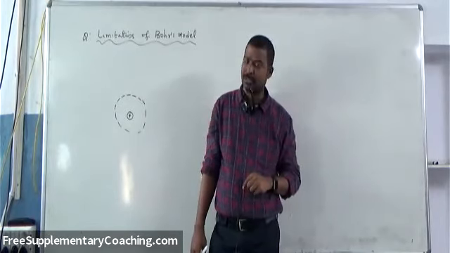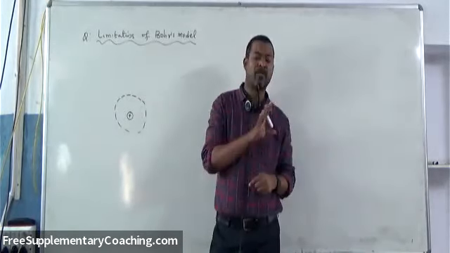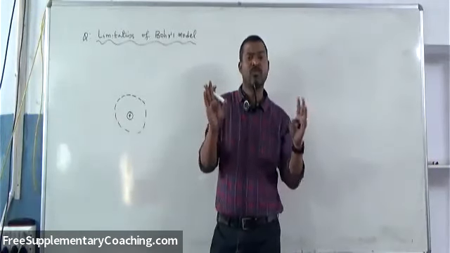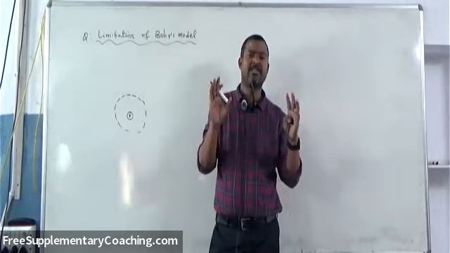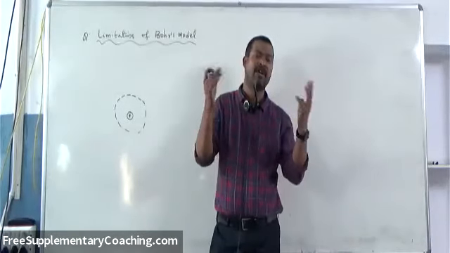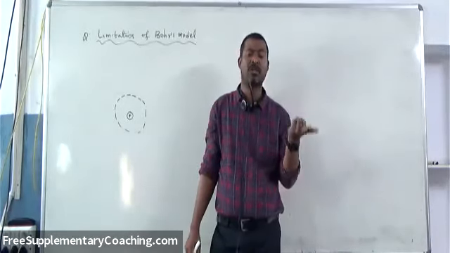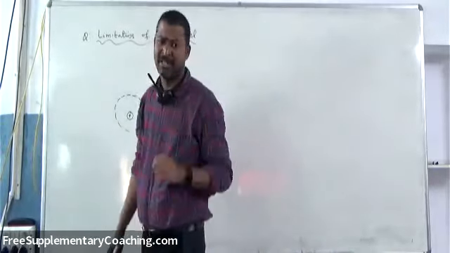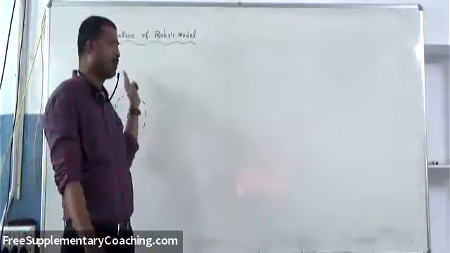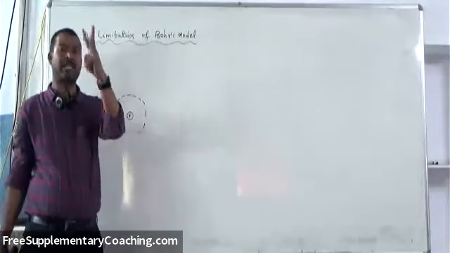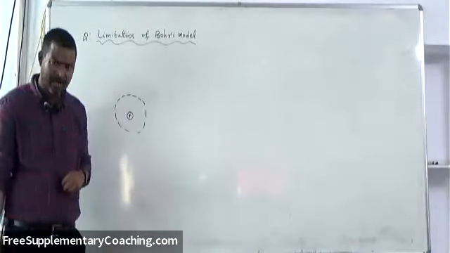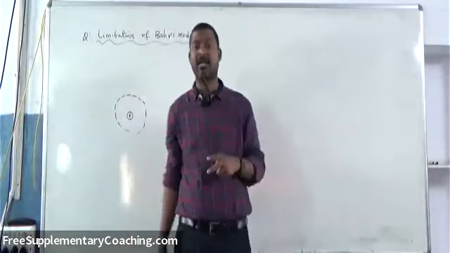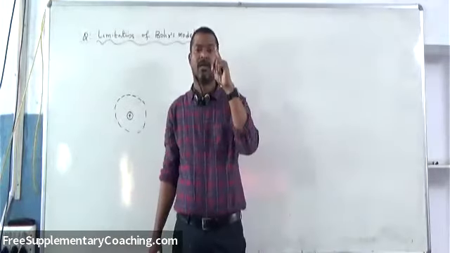But this model is not applicable for atoms having more than one electron. Whatever atoms have more than one electron, the Bohr model does not explain the spectral lines, the electromagnetic radiation emitted by electrons in such an atom.